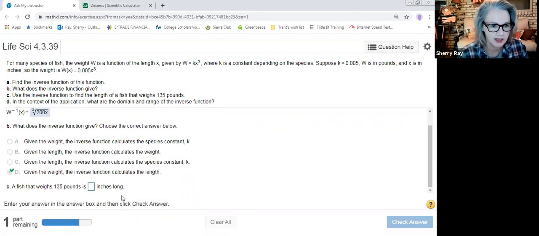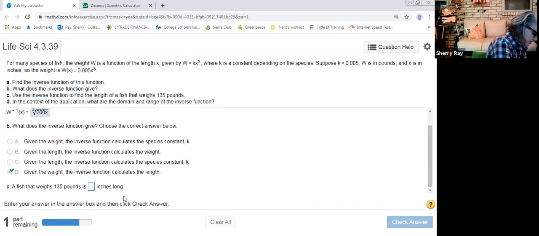And a fish that weighs 135 pounds is how many inches long? So I'm going to take my inverse function, cube root of 200x, and I'm going to plug in.